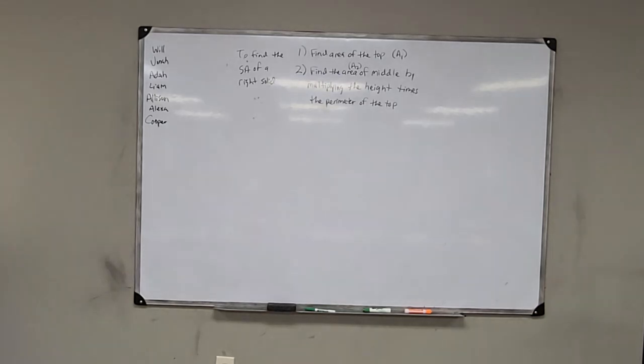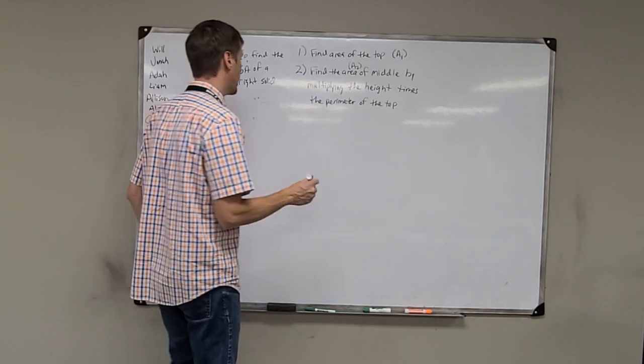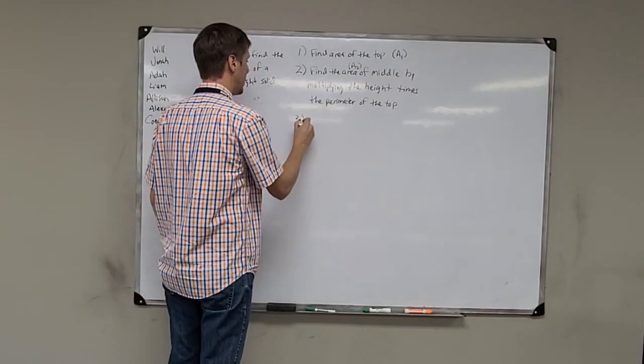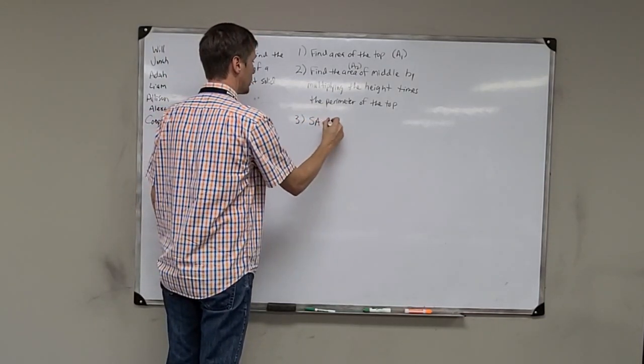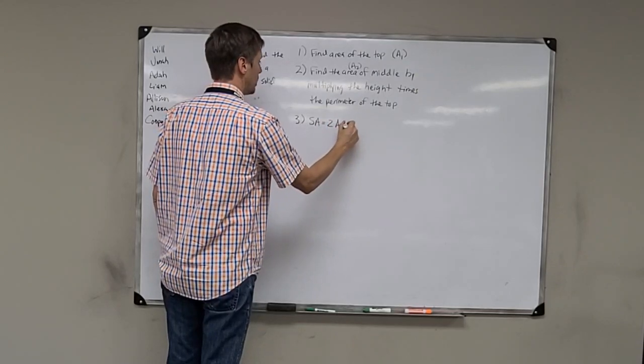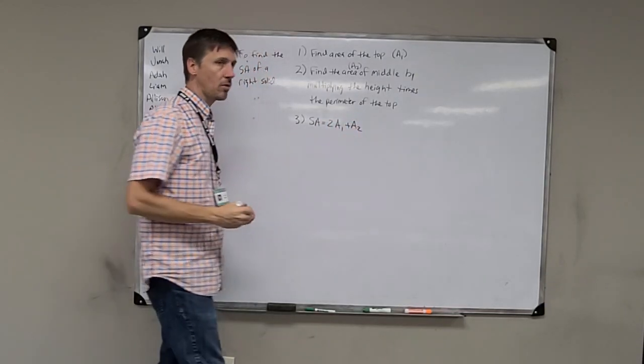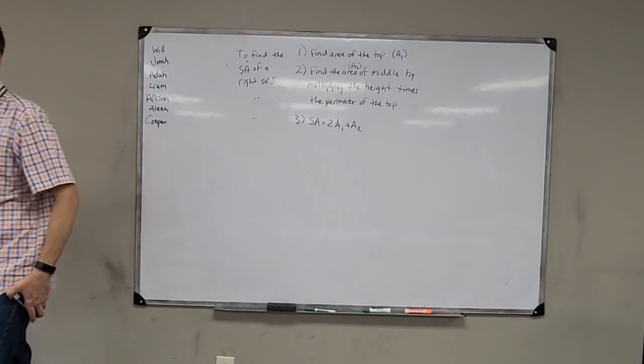We find the area of the top, and then find the area of the middle by multiplying the height of the figure times the perimeter of the top. So we're always going to have to calculate the perimeter and the area of the top section. And then finally, SA equals 2 times A1 plus A2. That's our final formula that we use to calculate the surface area.